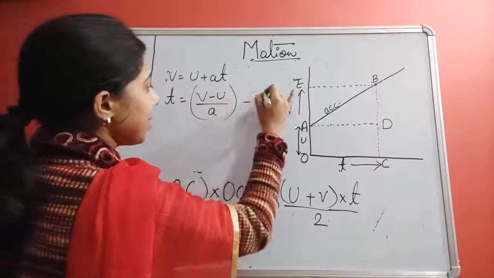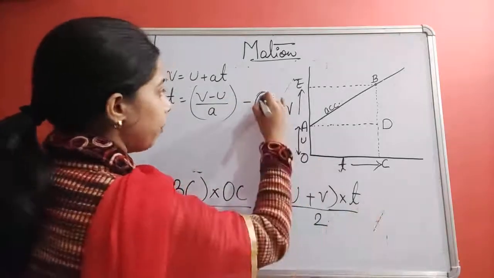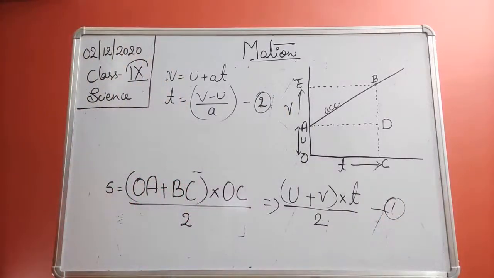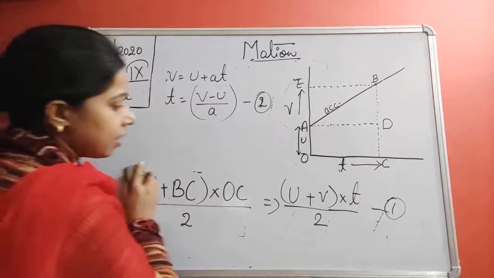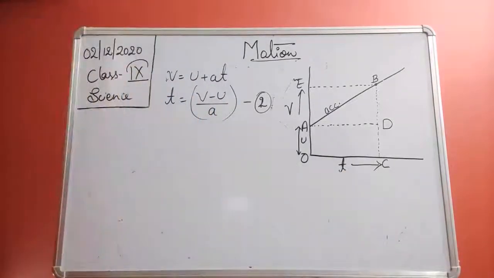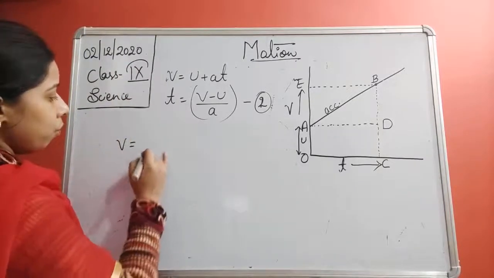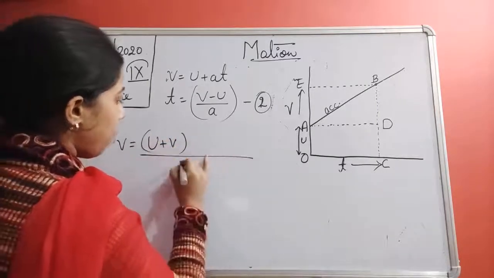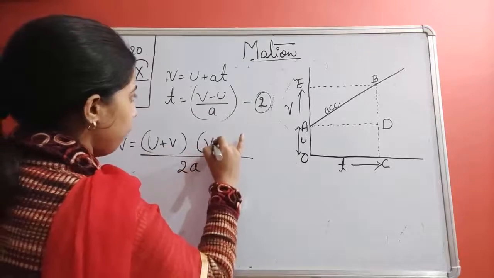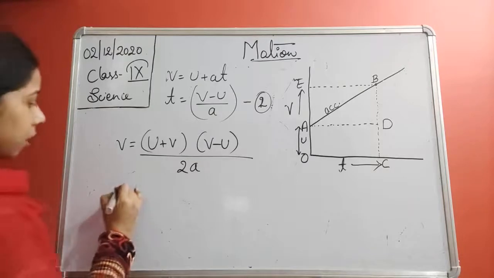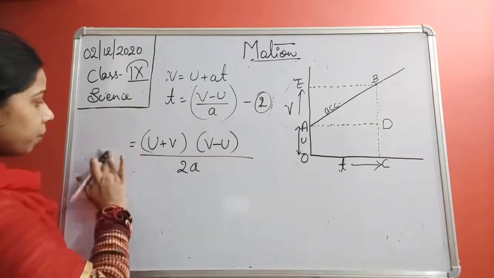Now, calling this equation 2 and the earlier one equation 1, putting the value of the second equation in the first one, what will we get here? We will get S equal to u plus v upon 2a into v minus u.